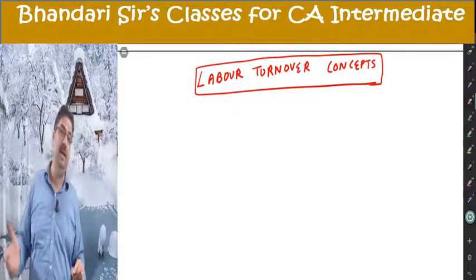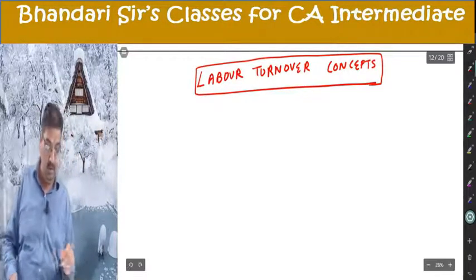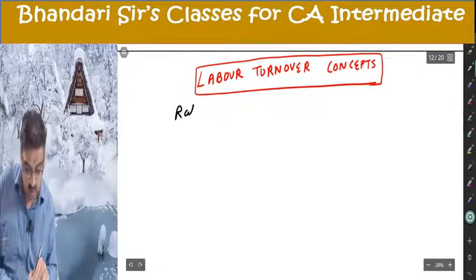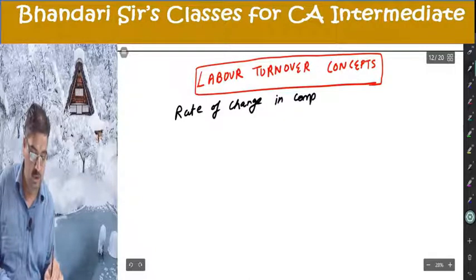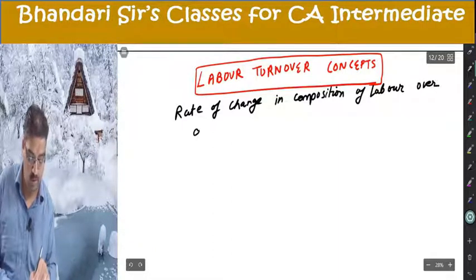I'm just defining it before explaining more. It is the rate of change in composition of labor over a period of time.